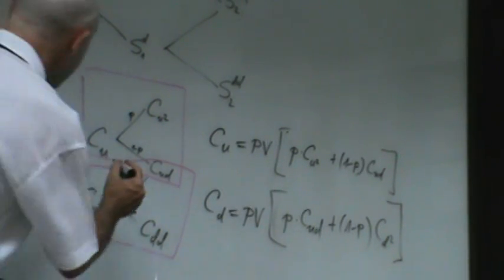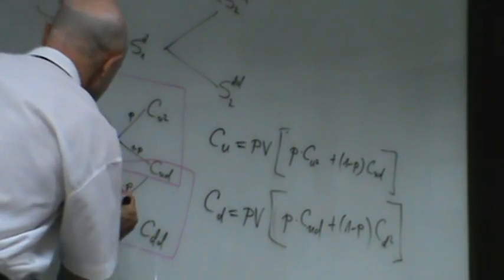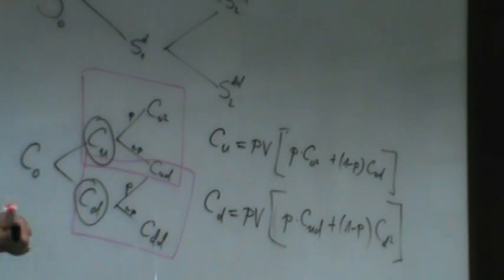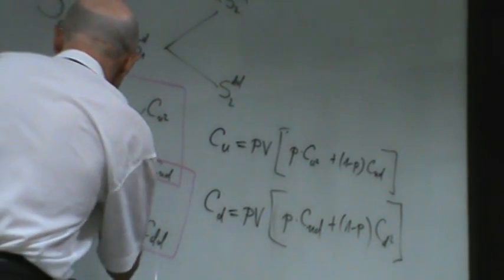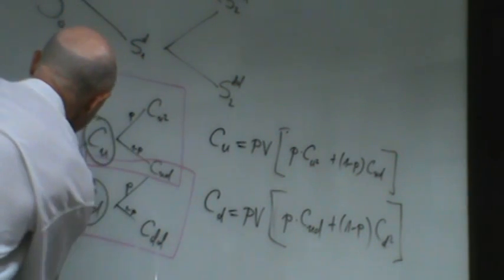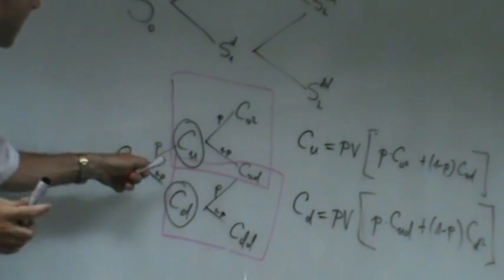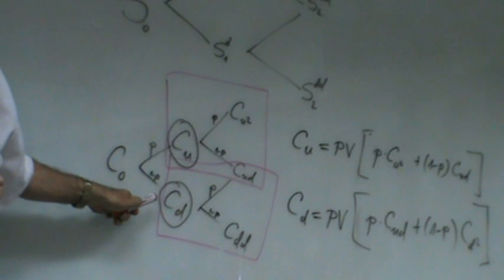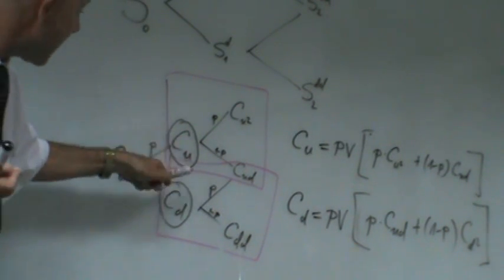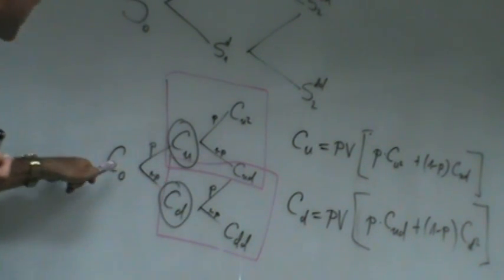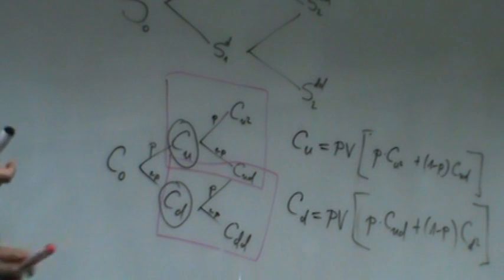So, we got the CU, we got the CD, and for a 2-period model, we can reasonably assume that the probability is P, and 1 minus P. Okay? You basically can get, based on CU and CD, you can get C or C0.